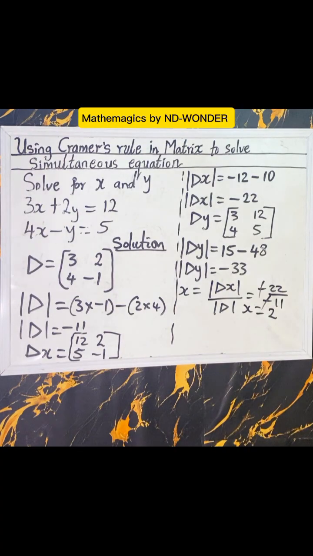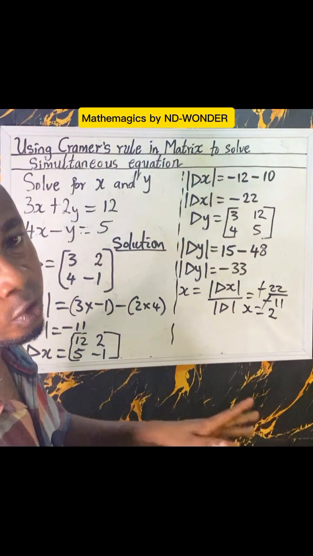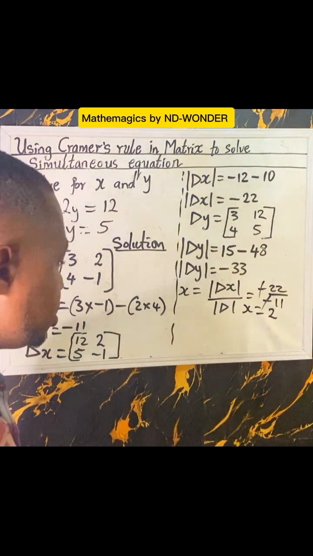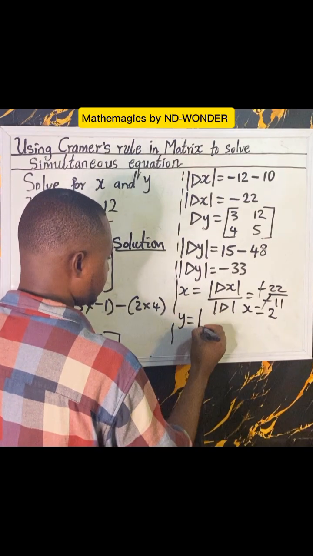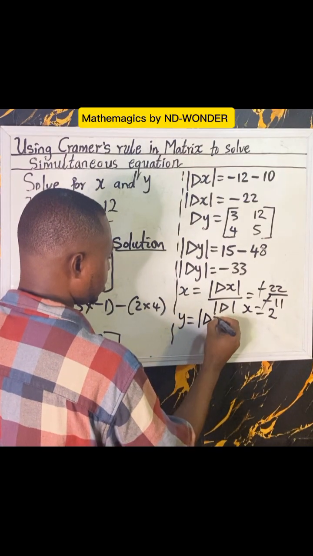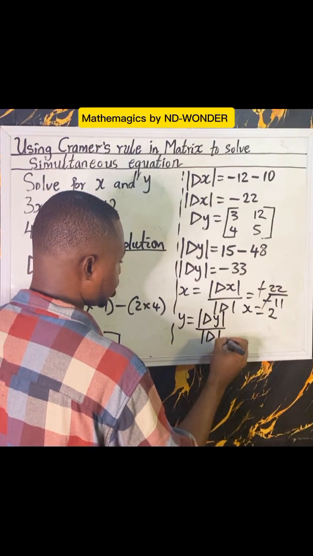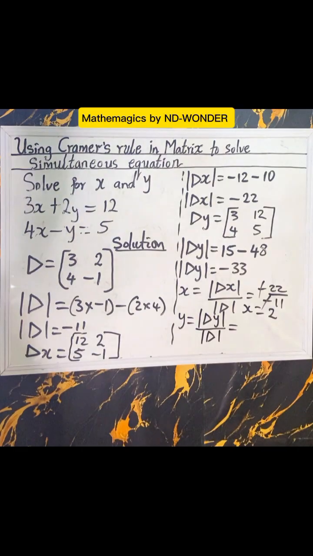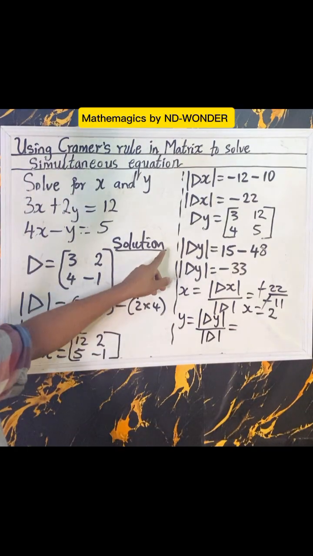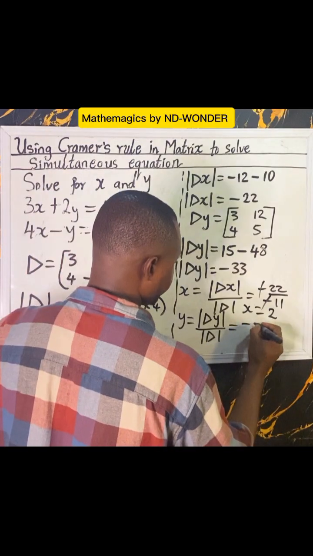The same way, what about y? Of course, y gives us the determinant of change in y over the determinant of change. So y is equal to the determinant of change in y divided by the determinant of change. So what is our determinant of change in y? Minus 33.